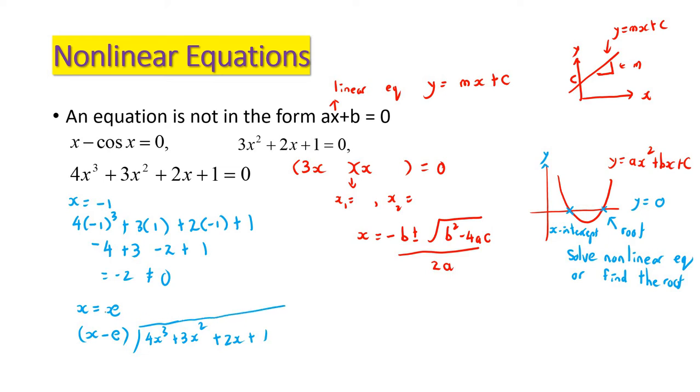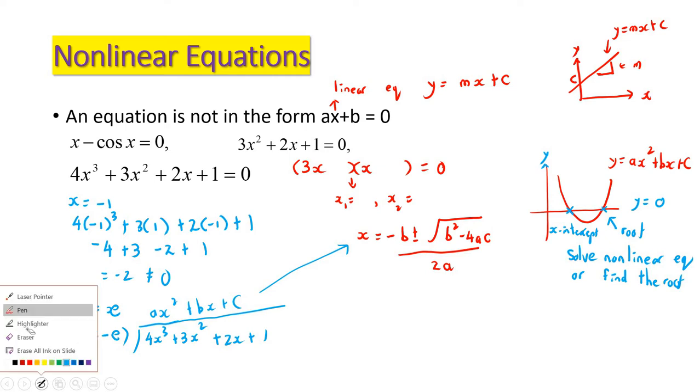You divide this cubic equation by this factor and you will find a quadratic equation, ax squared plus bx plus c. Then you solve this quadratic equation to get the other two roots, so you get 3 roots. So a cubic has 3 roots. That's what you learn in secondary school.